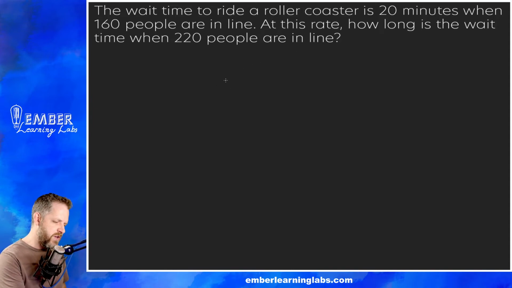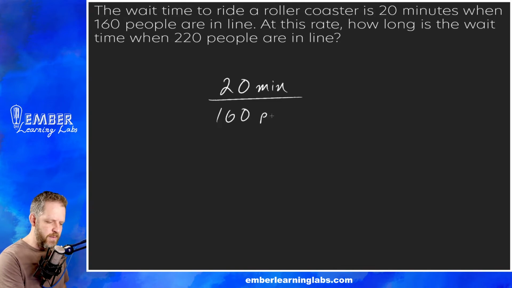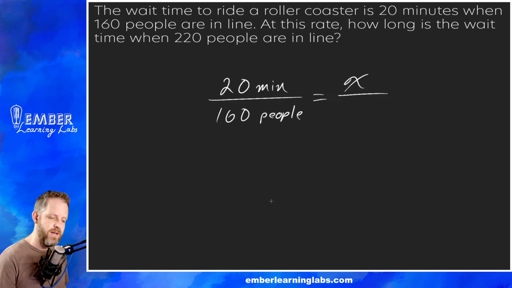So the wait is 20 minutes when 160 people are on. And we want to know how long is the wait. The wait would be the time, so it's going to go in the same place as the time. So x minutes when we've got 220 people.